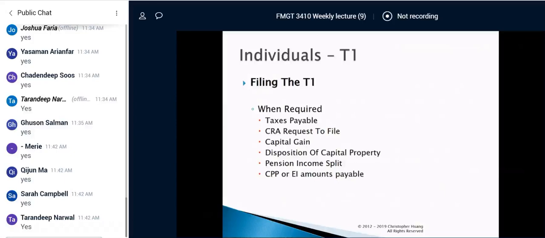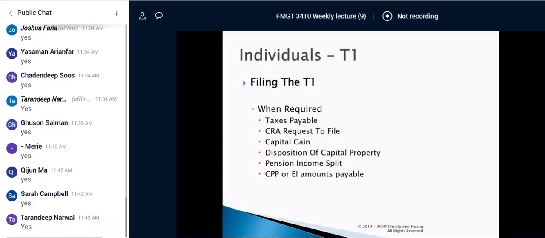Generally speaking, if you're an individual, there's no reason ever not to file a T1. Even if you say, Chris, well, I have a nil return, why bother? Basically, when you file a tax return, then you start what we call the statute bar clock. And we'll talk more about it in a second. But the statute bar clock basically is the amount of time that CRA has to review a return and consider any reassessment.